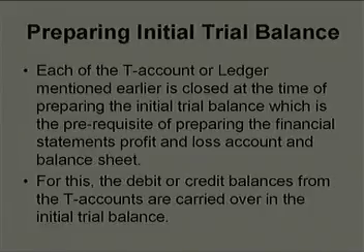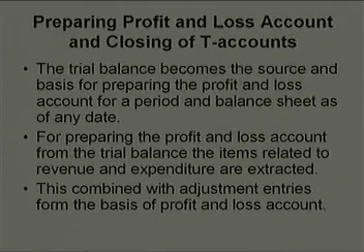Now, while closing the T accounts, you will find that sometimes there could be a debit balance, sometimes there could be a credit balance. These are to be carried over to the initial trial balance. And once you do this, we are ready to get the profit and loss account.